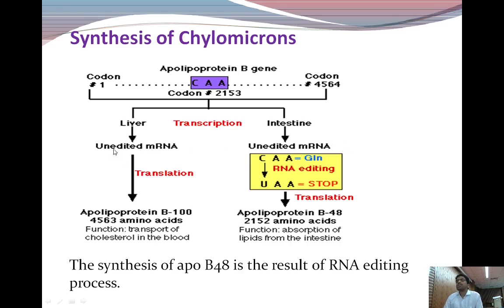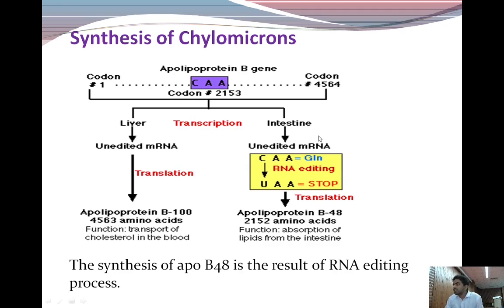But here, when translation is happening, the full mRNA will be translated into the apoprotein known as B100. It means the total number of amino acids present in ApoB100 is 4563 amino acids, which will get coded, and it will form the protein.